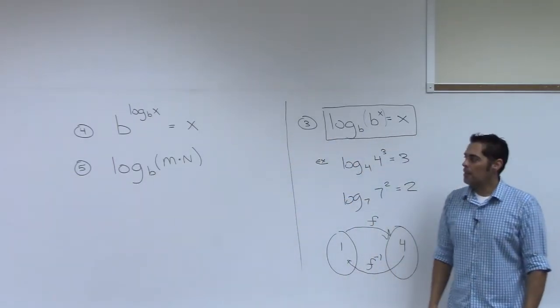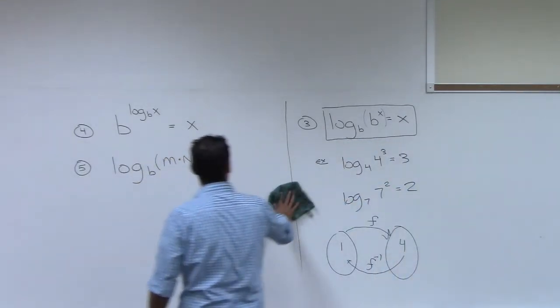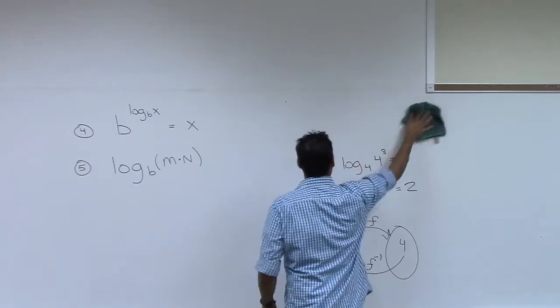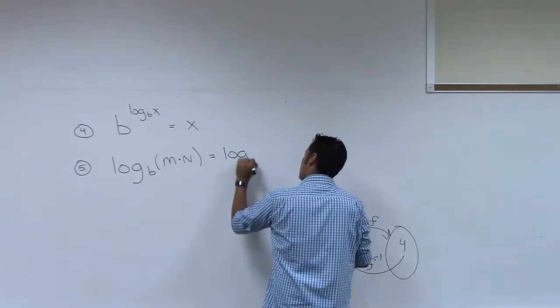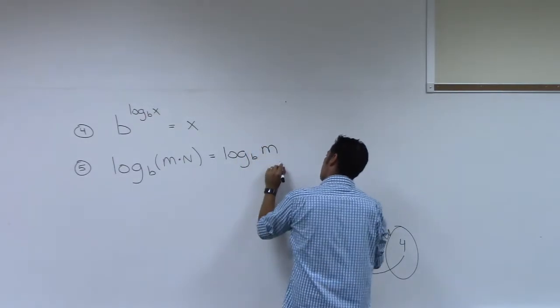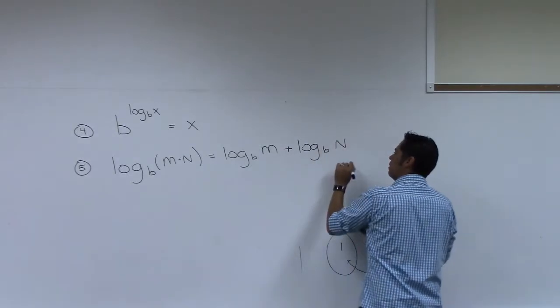This is equal to log base b of m plus log base b of n.